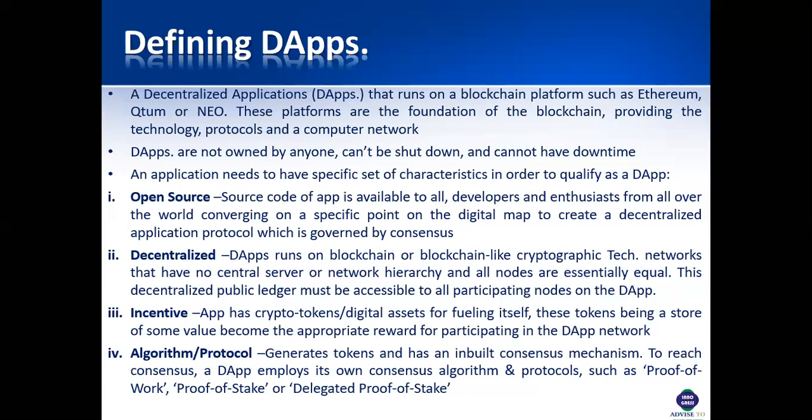There are various algorithms and mechanisms available which are used by DApps for self-control, or you can say autonomous governance of the entire DApp ecosystem, or the entire blockchain ecosystem on which the DApps are operating.